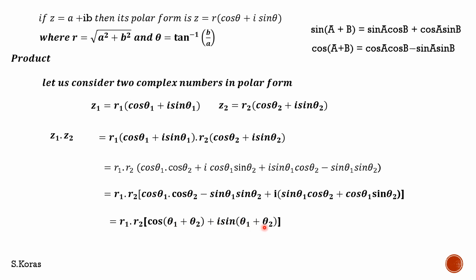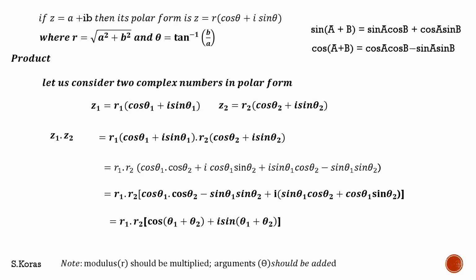So to multiply two complex numbers, we have to multiply their modulus. After that, we have to add their angles or arguments, just like in this way. So now you know how to multiply two complex numbers in polar form.